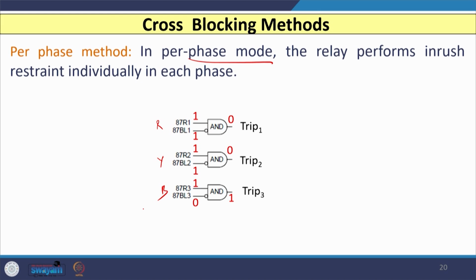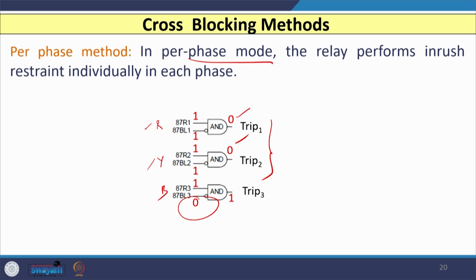You can see that, let us say, in R and Y phases the blocking command is initiated, and in the other phase, let us say B phase, you do not have this blocking command. So, tripping is initiated only in B phase. Here you have the per phase blocking.